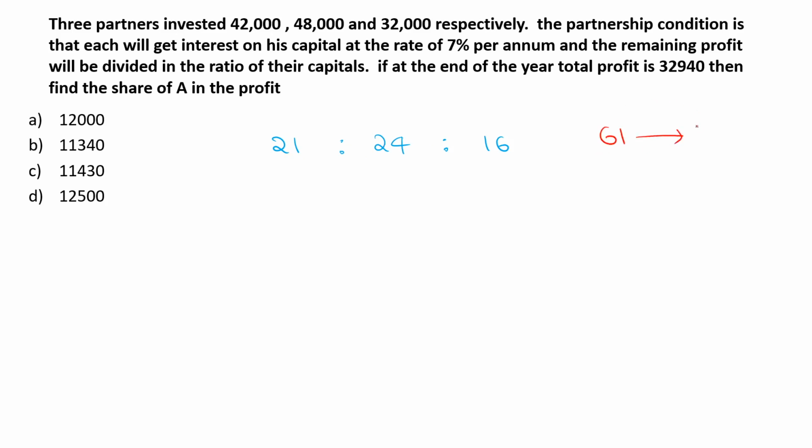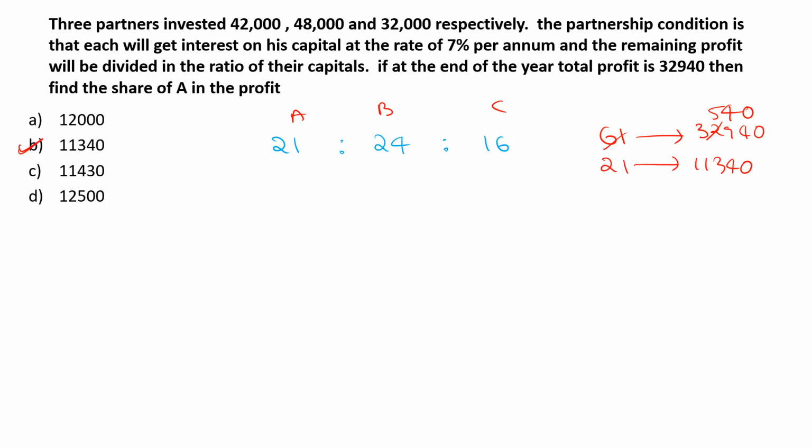The value of 61 is 32940, and we need to find the value of 21. 61 fives are 305, 61 fours are 244. 21 into 54 is 1134 and then 0. The value of 21, that means the share of A, would be 11,340. That is option B.